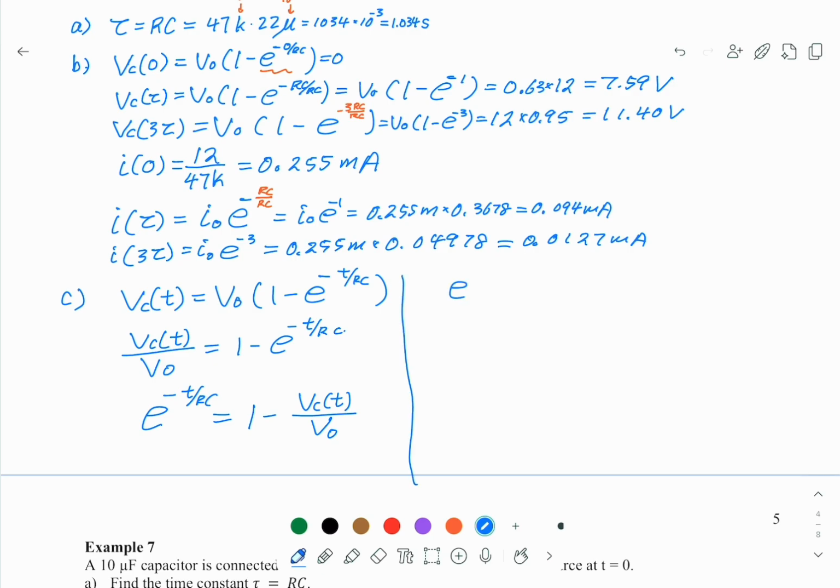Now we take the logarithm, or natural log, on both sides.